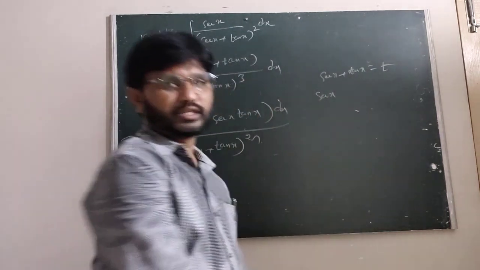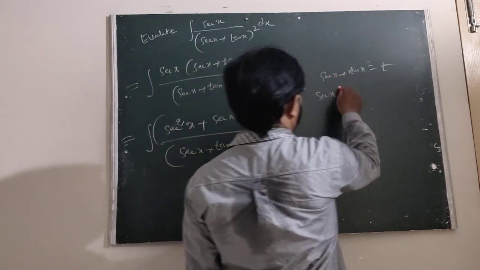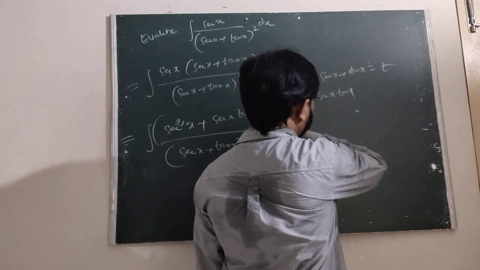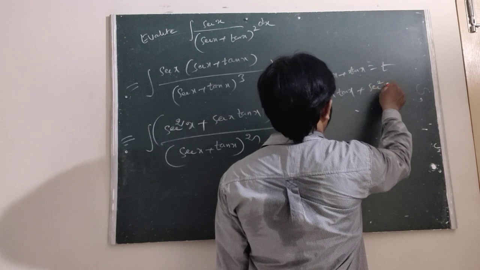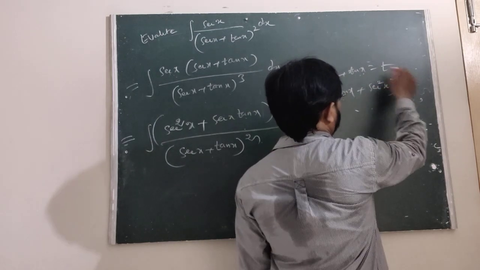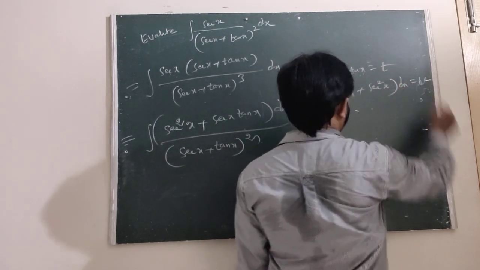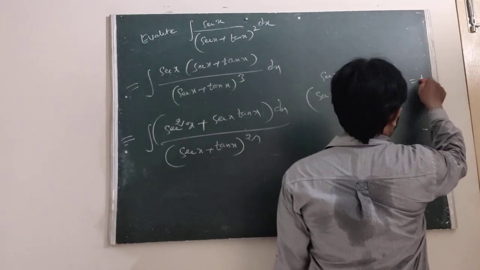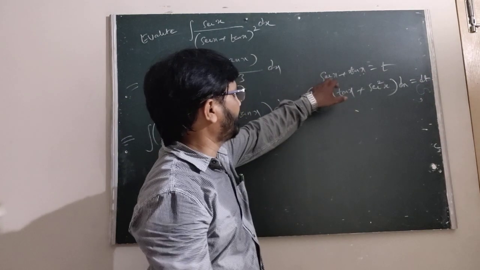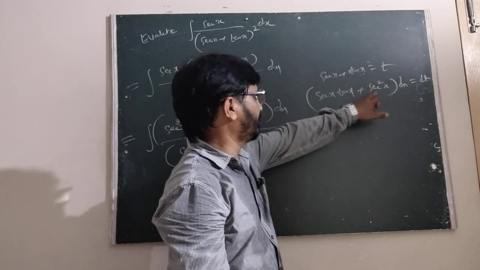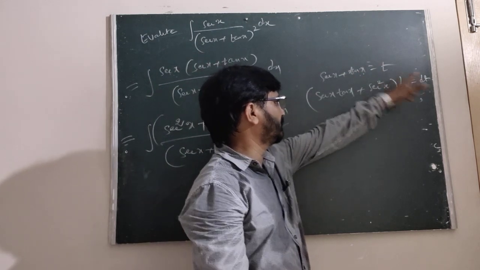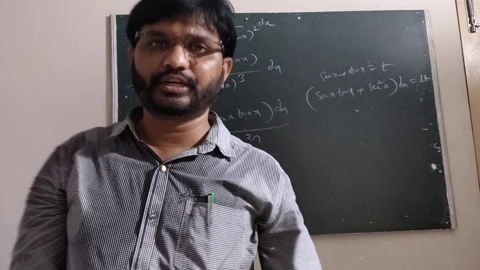Differentiating on both sides, the derivative of secant x is secant x tan x, and the derivative of tan x is secant square x, so dx equals dt. Understand? The derivative of x is dx, that equals the derivative of t, which is dt.